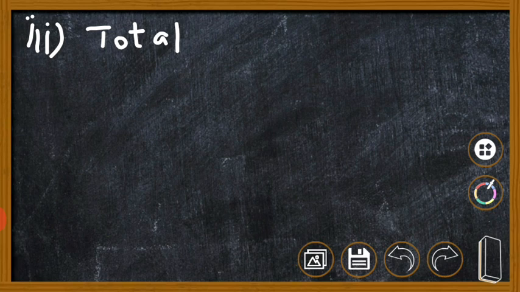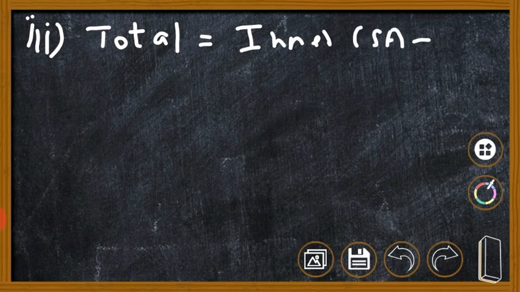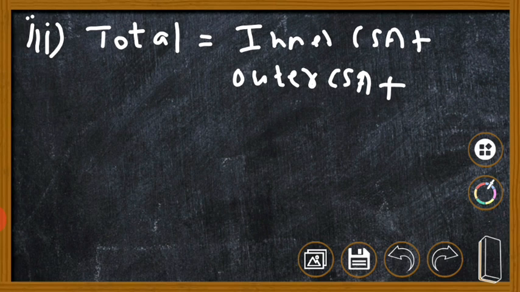But here for the metal pipe, thickness is there. So what is the total surface area? Total area is equal to inner curved surface area, inner CSA, plus outer CSA, plus the base also.